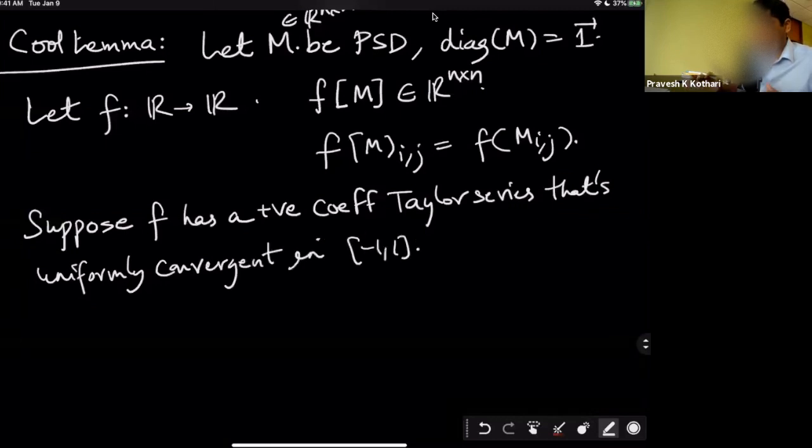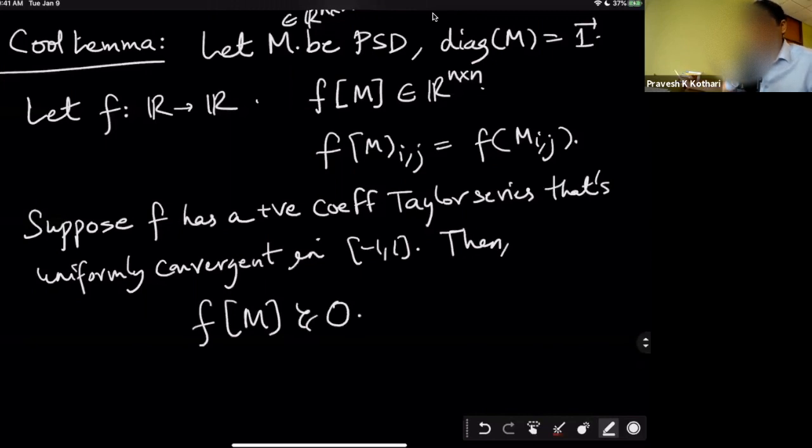Okay, forget about it, we're going to need this infinite series, but just think of it as a polynomial for now. Think of F being a polynomial with non-negative coefficients. So F is a univariate polynomial where each of its coefficients is non-negative. Suppose that's true. Then F square bracket M is also PSD.